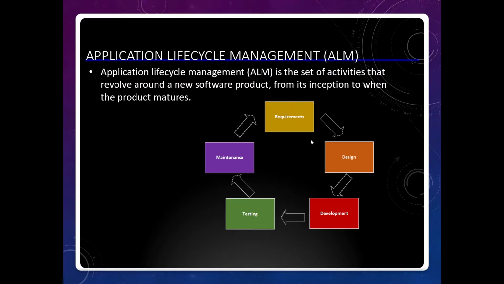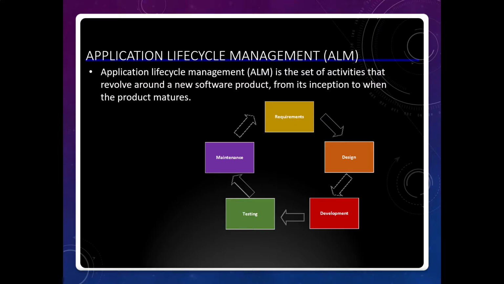So this model that we're looking at right here has requirements, design, development, testing, and maintenance. It's got 5 stages. But we're going to look at, I think in the next slide or two, another model that actually has it as 6 stages. Well, those different models aren't really missing anything.